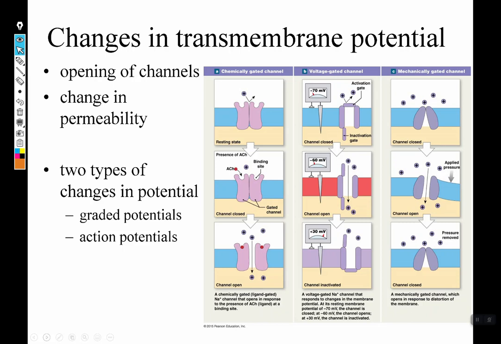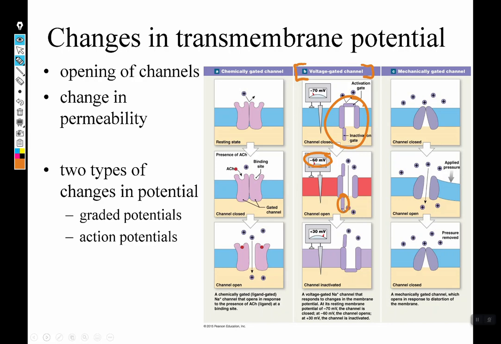So voltage gated channels are open at their favorite voltage range. So if we look here, this particular voltage gated channel is shut at -70, so it's shut at resting. If something happens where I get the membrane to -60, that's the opening condition. And then notice I have this inactivation gate here where it's going to be open at -70 as well.